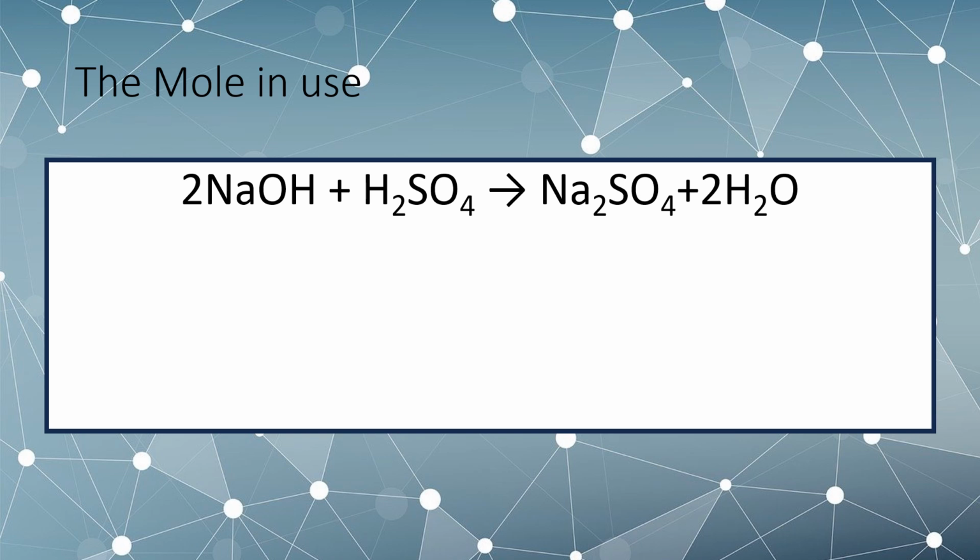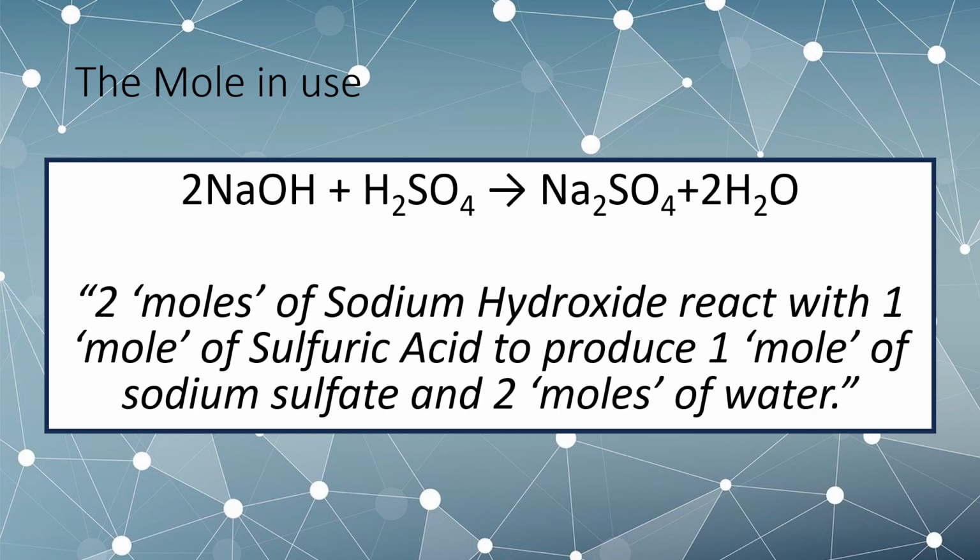The coefficients in reactions can represent the number of moles. So we would have 2 moles of sodium hydroxide reacting with 1 mole of sulfuric acid. This would then produce 1 mole of sodium sulfate and 2 moles of water. In these scenarios, of course, it's important to have the balanced chemical equation.